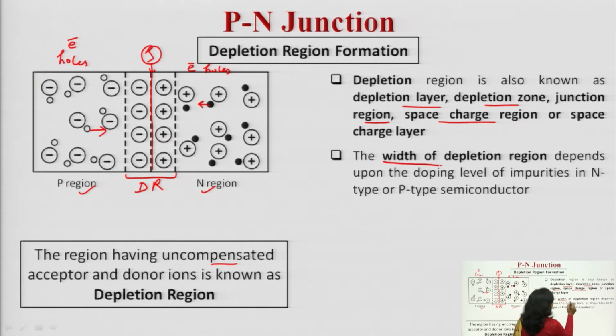And the width of depletion region depends totally upon the doping of the semiconductors. Higher the doping means more charge carriers, that is holes in P and electrons in N type semiconductor. So, higher the doping, lower the depletion width. This is how you can explain the depletion region formation.